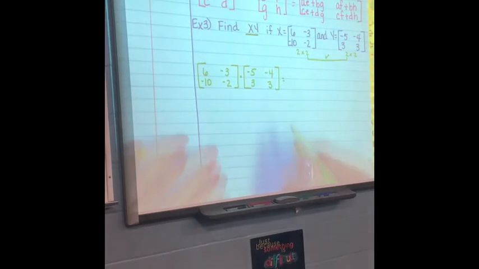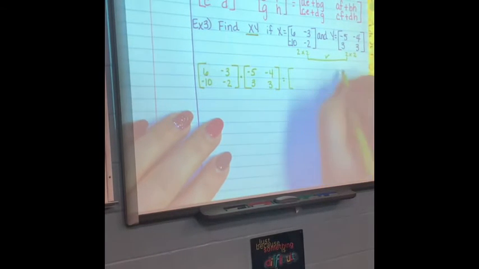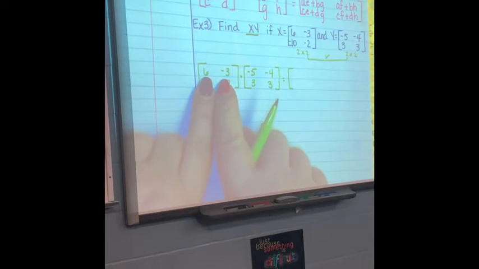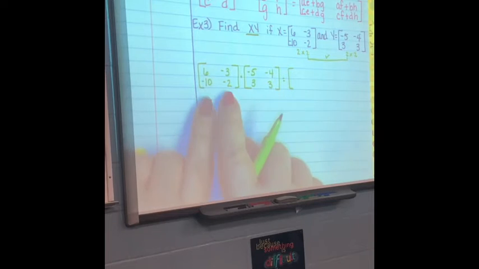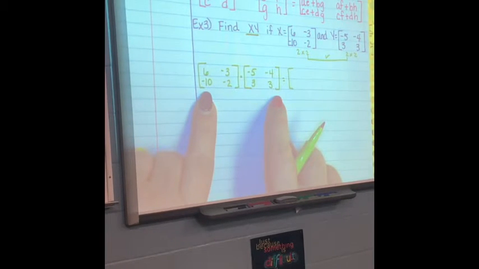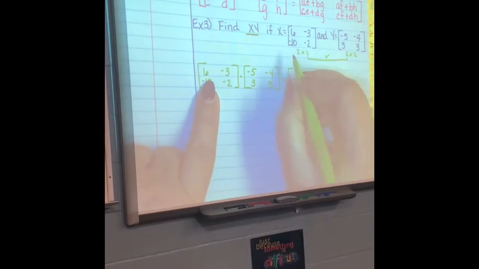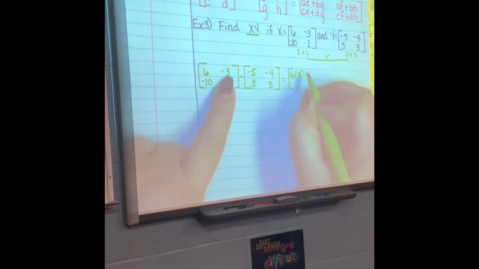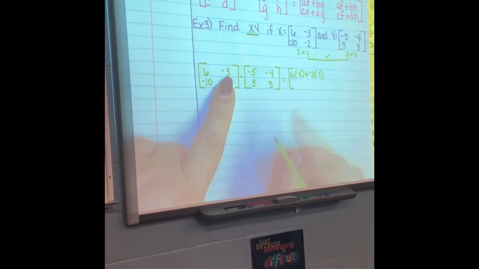I'm going to end up with a 2 by 2 because I'm going to multiply this row by 2 columns, and then this row by 2 columns. Does everybody agree? Okay. So I've got 6 times who? -5. Plus -3 times who? 3. Okay. So that was row 1, column 1.